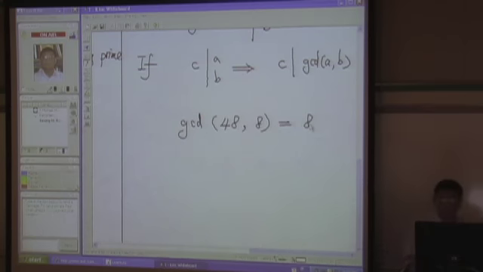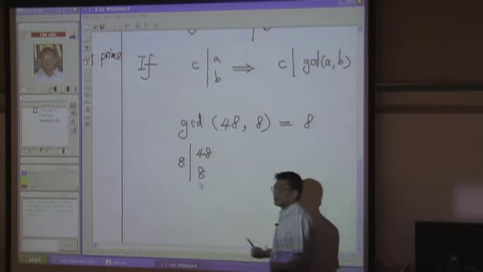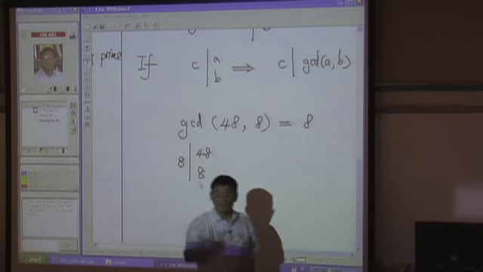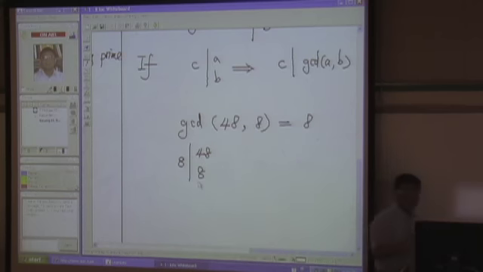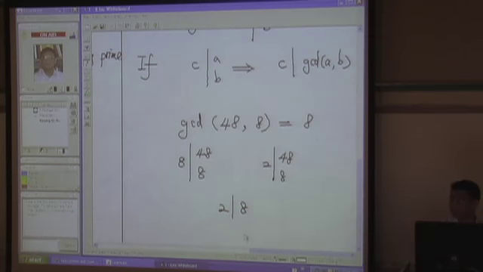Then take a look. This 8, the GCD, divides both 48 and 8. What else divides both? For instance, 2 divides both, right? Does 2 divide 8? Right. Similarly, 4 divides both, right?